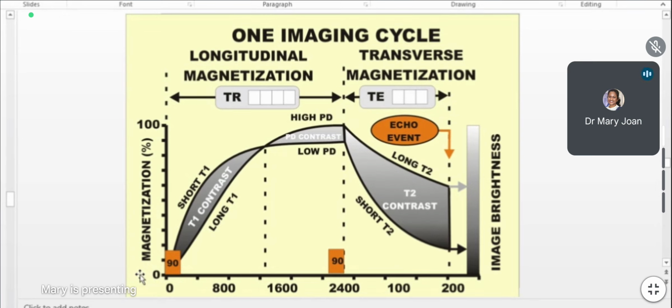This is what is happening along with the magnetization, and the image brightness, the difference between bright white, black and the gray areas, is what gives us the contrast in the image.